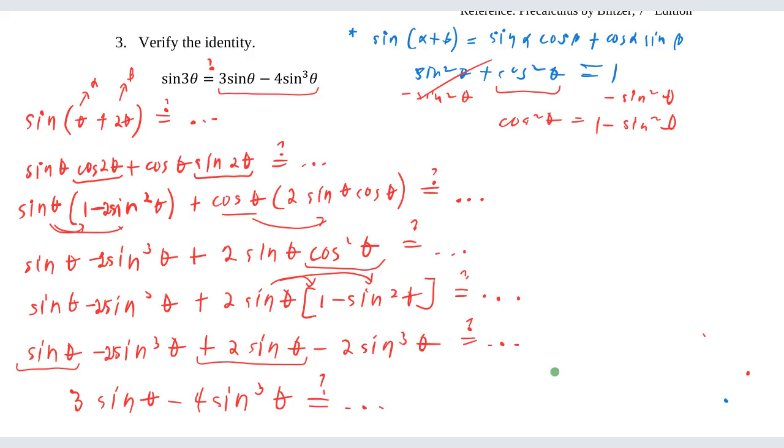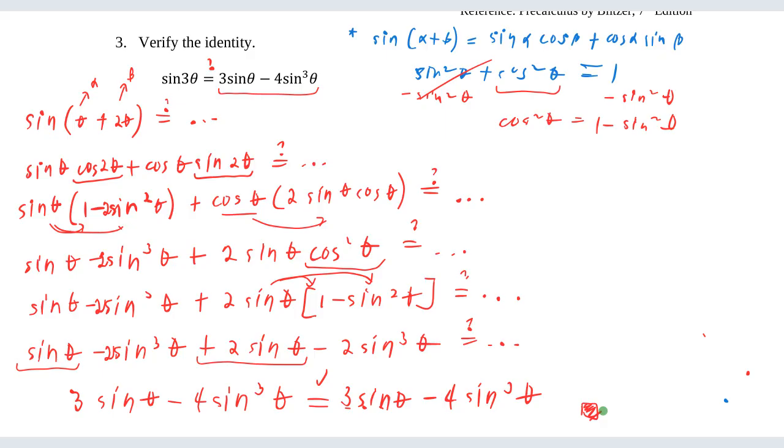Let me now complete my statement: sine theta minus 4 sine cube theta. Now, as you can see, end of proof. They are equal. I'm sorry about that. I missed writing the coefficient of sine squared theta from the formula.